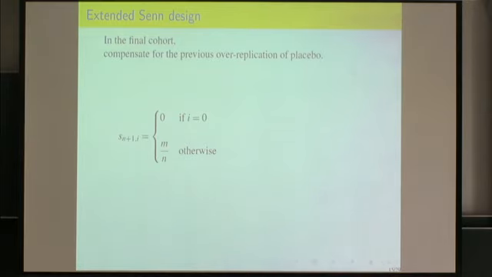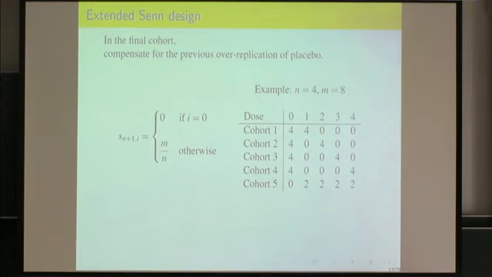For Stephen Sen's design, I didn't try anything very complicated, but it did seem to me a fairly obvious thing was to say that before the last cohort, we've had the placebo taking up half of each cohort, very over-replicated compared to everything else. Let's just compensate for that by, in the last cohort, doing everything equally apart from placebo. And again, because that's a standard thing, no matter what the numbers are, you can calculate those numbers.